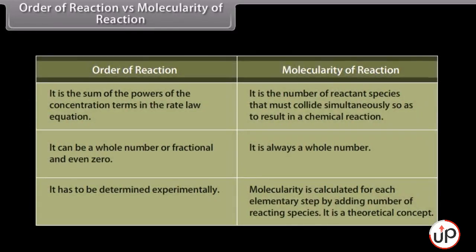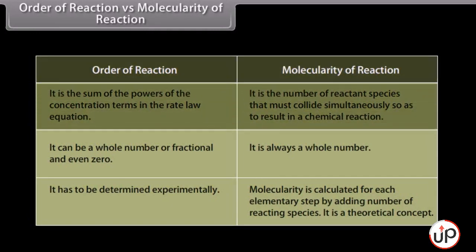Order of reaction versus molecularity of reaction. The important differences between the order of reaction and molecularity of the reaction are: order of reaction is the sum of the powers of the concentration terms in the rate law equation, whereas molecularity of a reaction is the number of reactant species that must collide simultaneously so as to result in a chemical reaction.